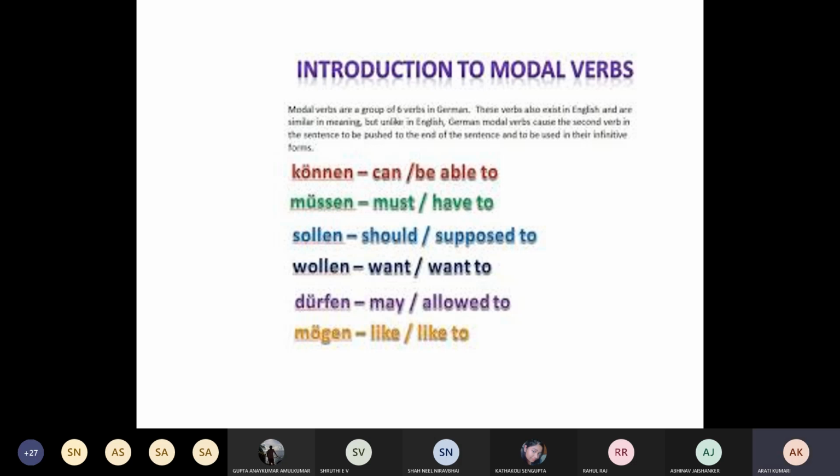Suppose you want to go for a movie and you ask your parents for permission, and they say, okay, you may go. You use the same modal verb. He may go to the movie today. He is allowed to go to the movie today. Er darf heute ins Kino gehen. So this is dürfen.